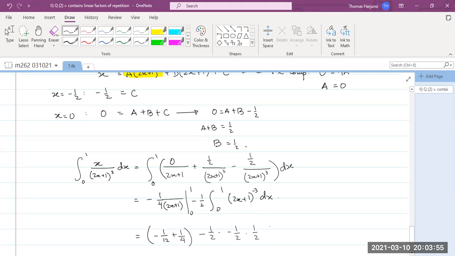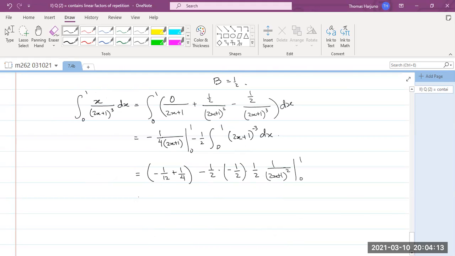Okay, and then 1 over (2x plus 1) to the power of negative 2 from 0 to 1. So yes, it is 1/8. So this is equal to.